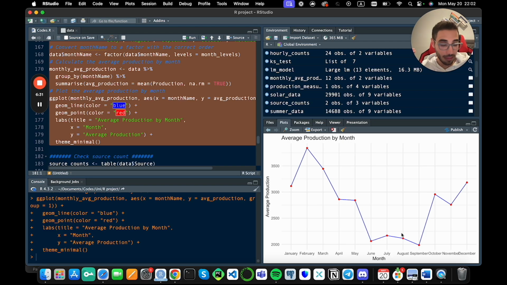In June, as we can see, we produce less energy in all those years that we have the data. And this one again is telling us that we can produce more energy in the winter and less energy in the summer.